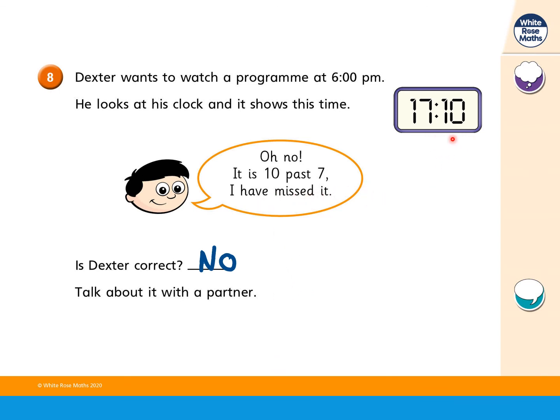So he has looked at the 10 and he's looked at the 7, but he hasn't looked at the 1 in the hour. The hour is 17. 17 is after midday, so 17 take away 12 is 5. So the time would be 5:10 or 10 minutes past 5.